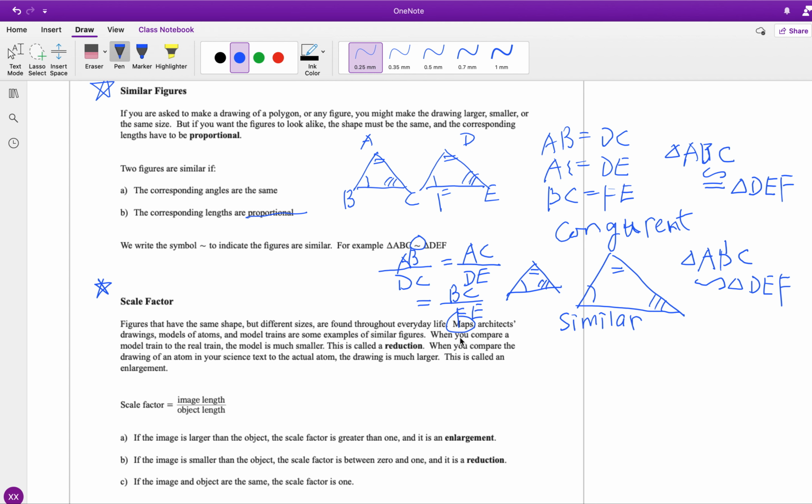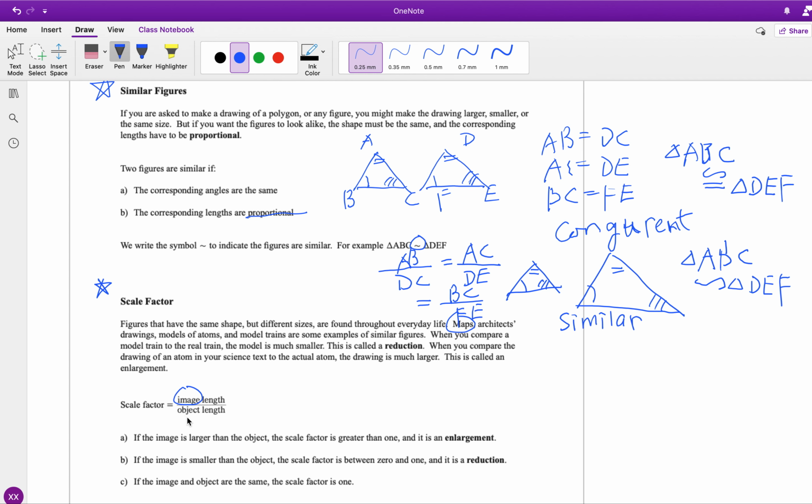But from Lower Bing to UBC, for example, if that's 4 kilometers, you cannot draw a 4-kilometer long line on a piece of paper. So you have to shrink it. When you shrink it, that becomes an image.